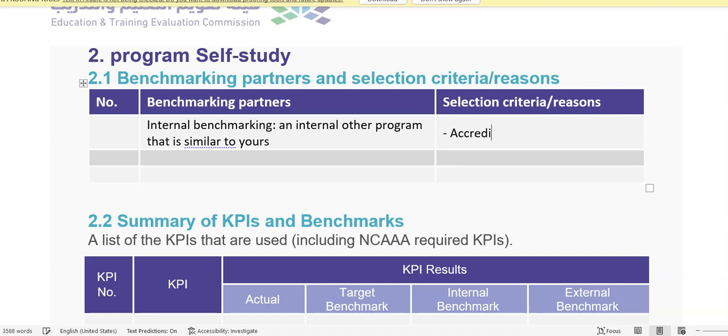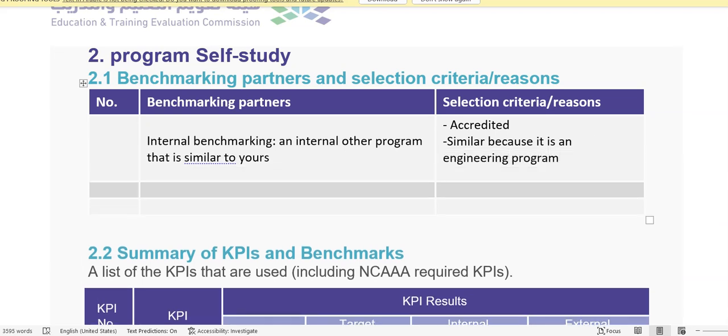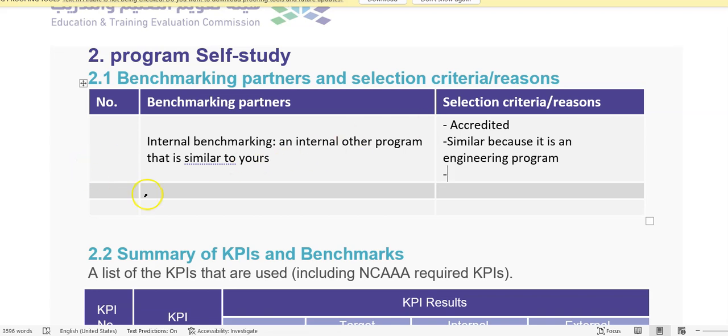accredited, similar, because it is an engineering program, and other criteria.